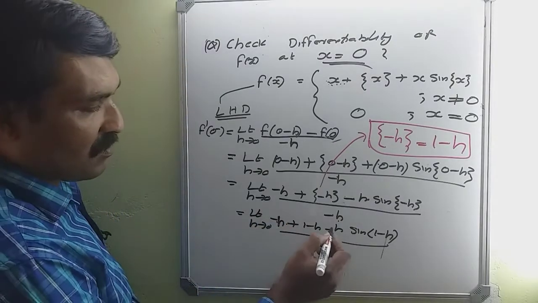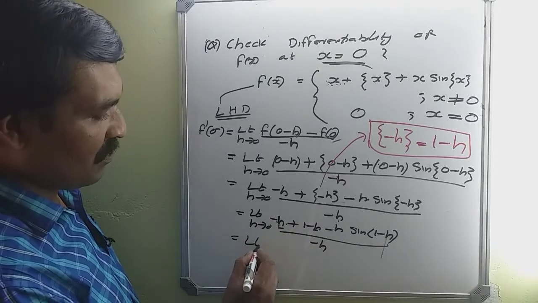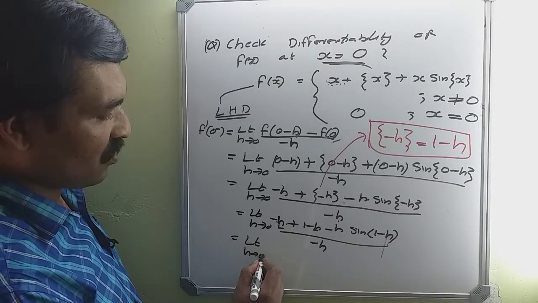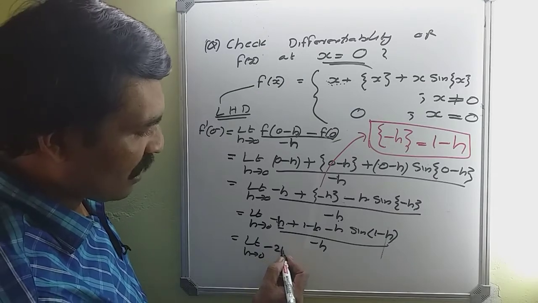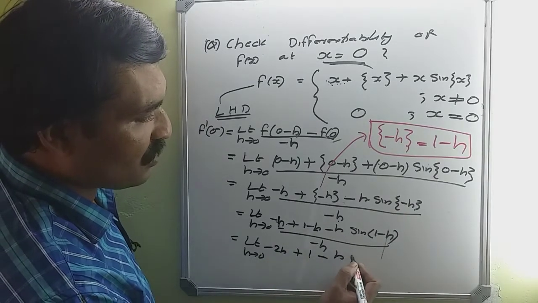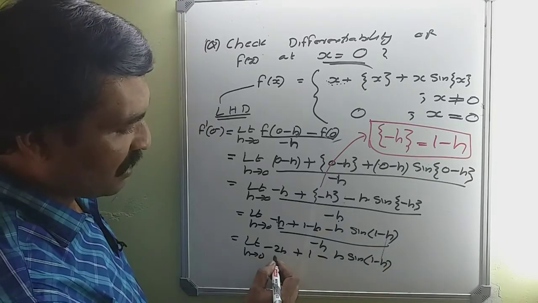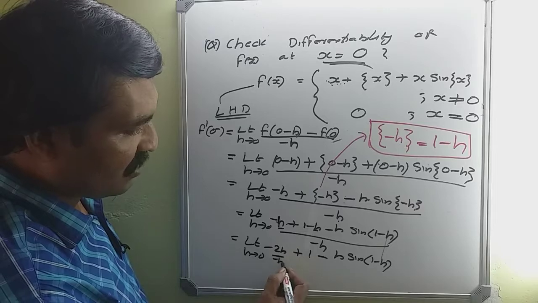The minus h and minus h add up, so this is equal to limit h tends to 0 of minus 2h plus 1 minus h into sine of 1 minus h, divided by minus h.